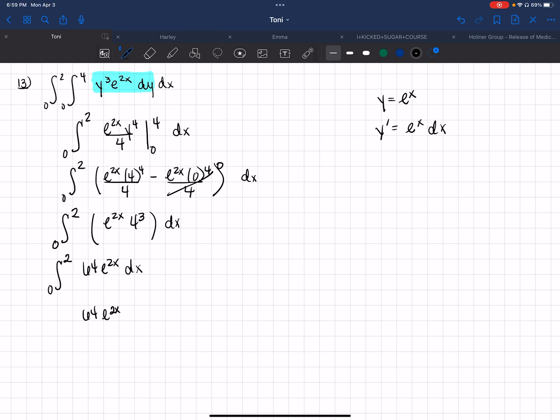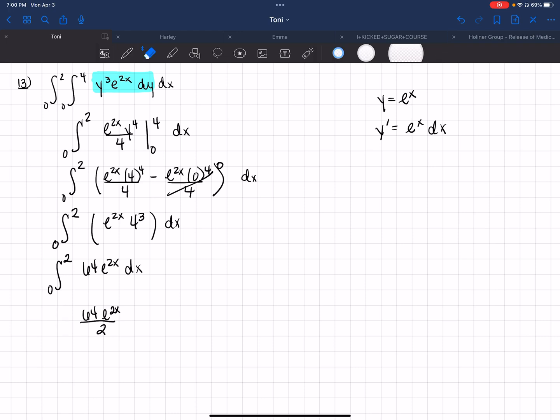If it was still e to the 2x, then I had to take the derivative of the 2x to start with. And so that would have been what? That would have been a 2. So I'm going to divide by 2, because let's think about it. Here's the easiest way for me to think about that.